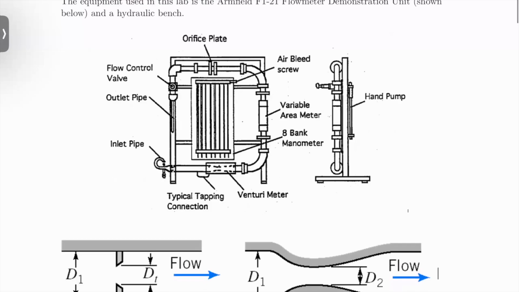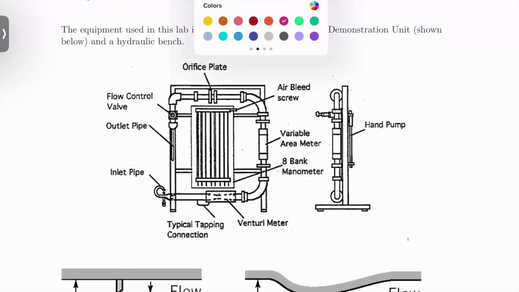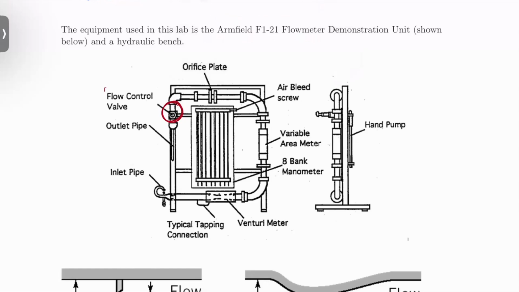A few things that I want to make note of that we're going to refer to a lot when we talk about operating that thing. There is a flow control valve, which is red, so I'll mark it in red here. This is our flow control valve, on the upper left of that system over there. We also have an air bleed screw, which is a little screw right here.